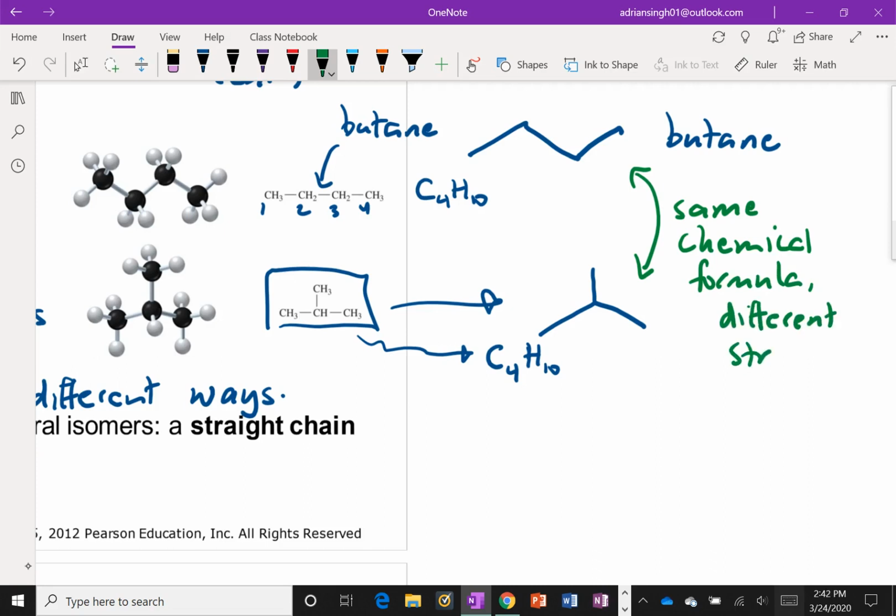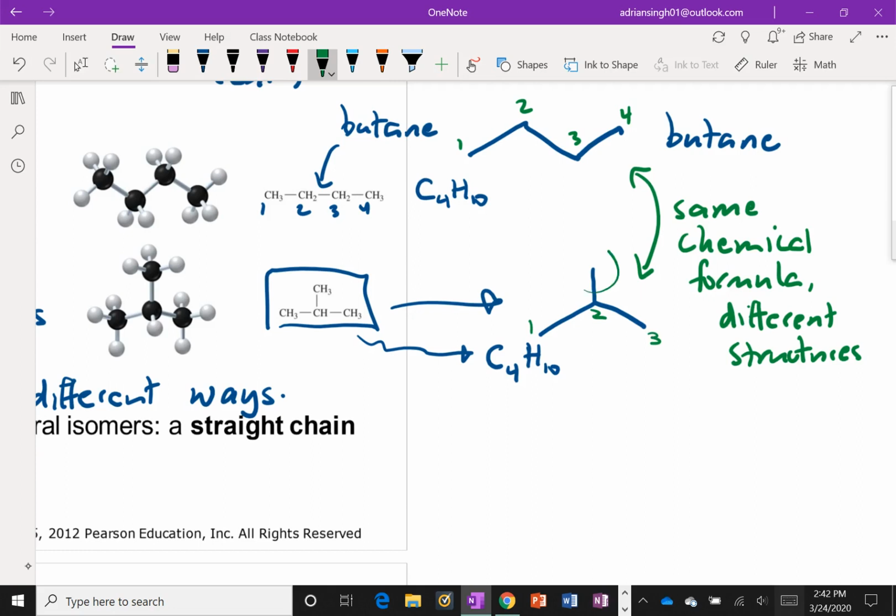And the way that we can tell that these are different structures is again by looking at that longest continuous carbon chain. So in butane, we have 1, 2, 3, 4 carbons as the longest chain. In its structural isomer down here, we have 1, 2, 3 as the longest continuous chain, right?